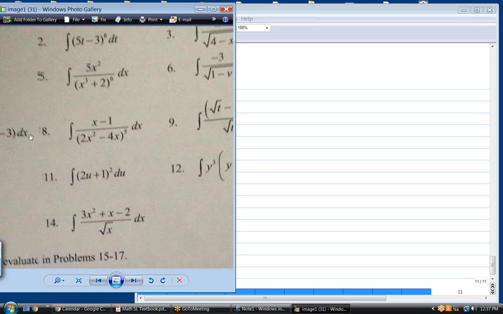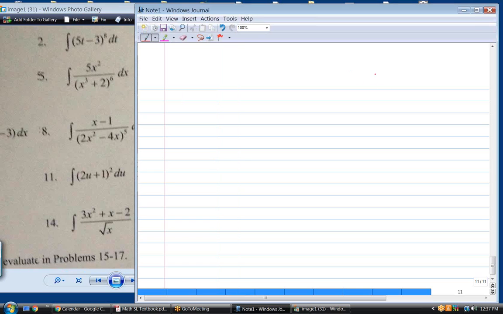But the most important thing is that you know what u would be. Would it be x cubed plus 2? Yeah. In other words, it's usually the obvious. x cubed plus 2. That's going to allow us to write that as u to the 6th. We can integrate that. But more importantly, what's the derivative of the inside?